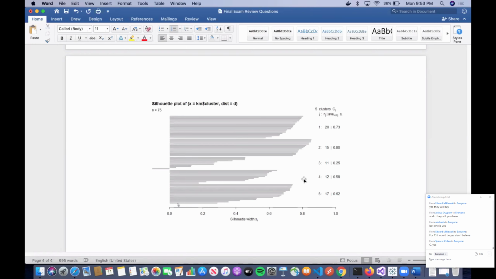Given this, we said the average silhouette width is 0.58. How do you determine the average? Again, reference your notes. With an ideal width, the goal is the closer we get to one, the better. That's what we want.